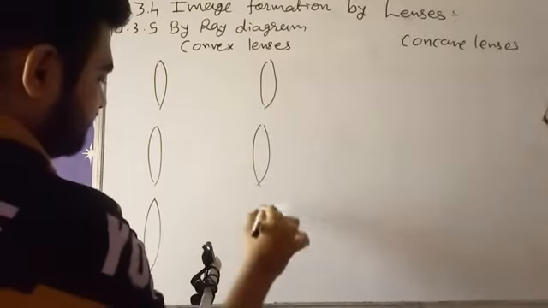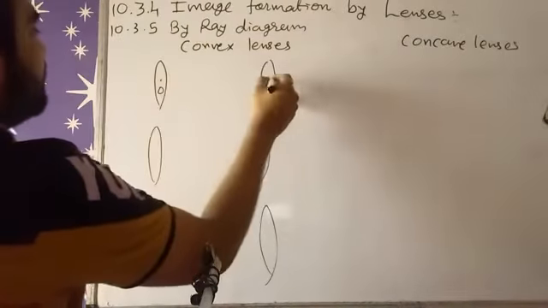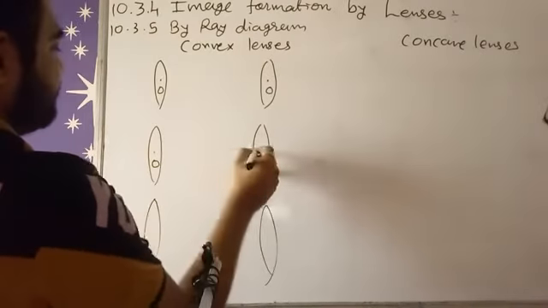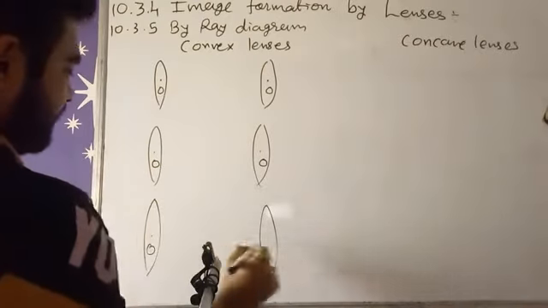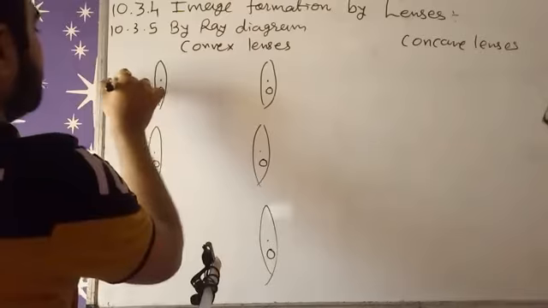So these are six convex lenses, all having optical centers. We have the principal axis.